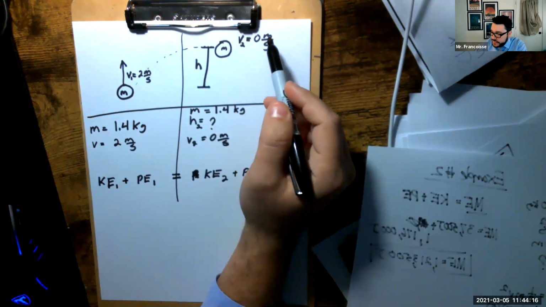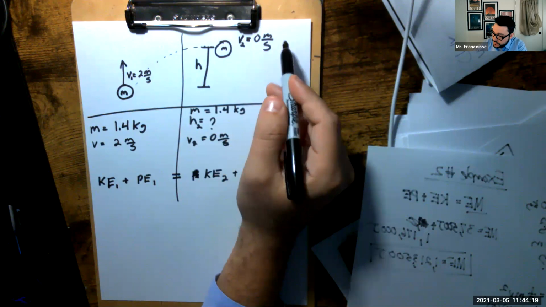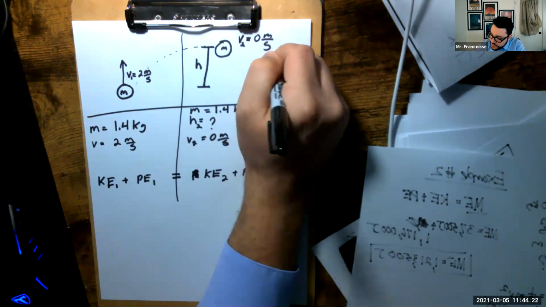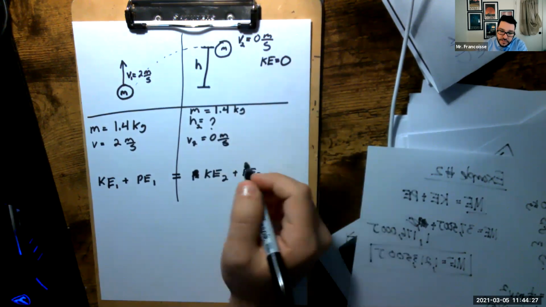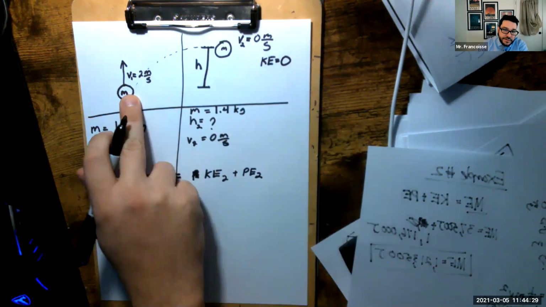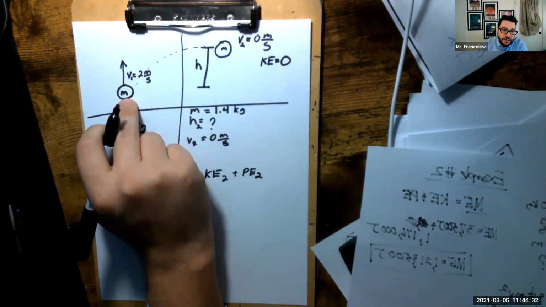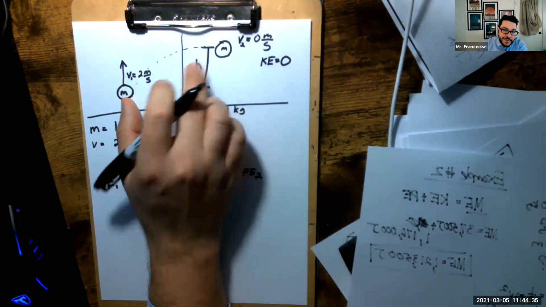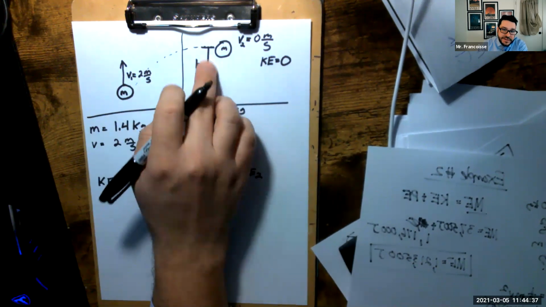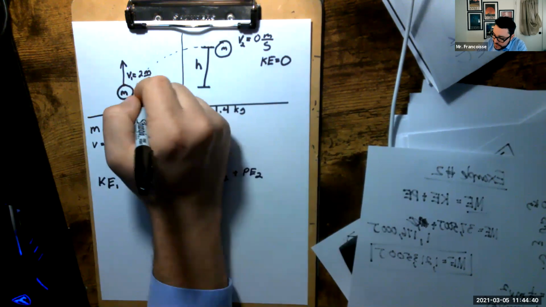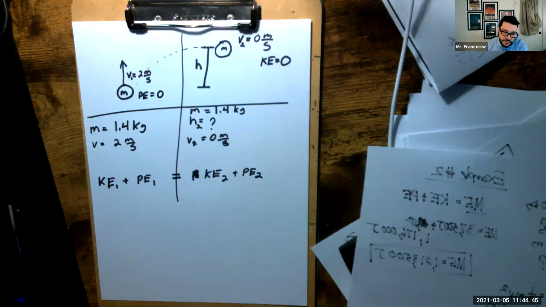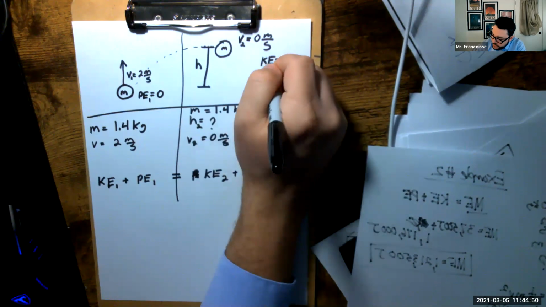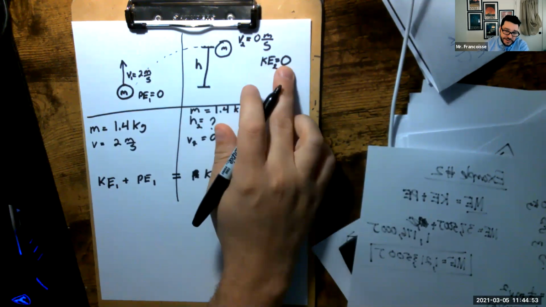Here, this velocity is 0, so our kinetic energy is going to be 0 because it's not moving. And here, this is on the ground. If this is some distance height up, we could say that potential energy here would be 0. So our initial potential energy is 0. Our final kinetic energy is 0.